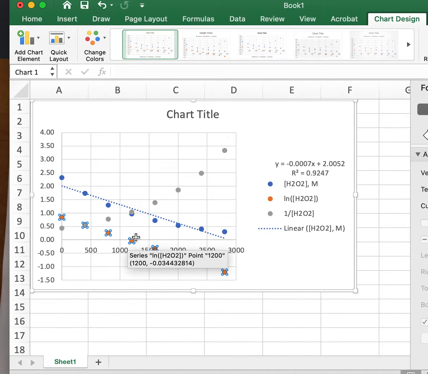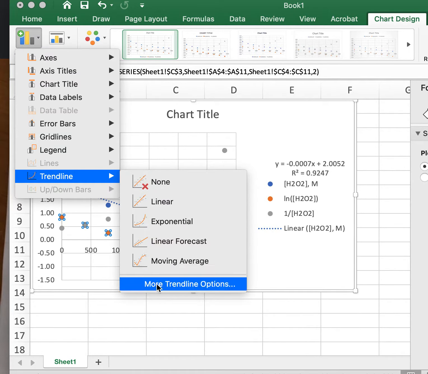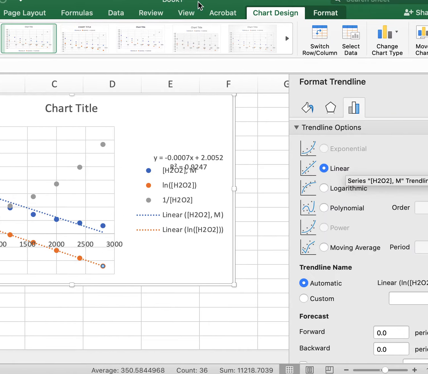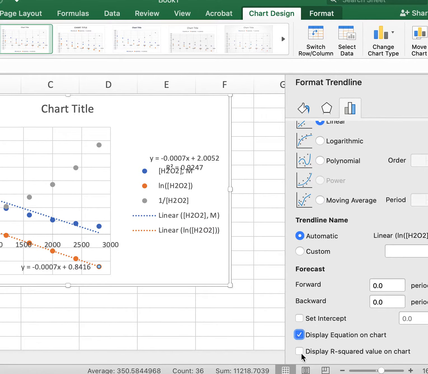Next, let's do our natural logarithm, which are our orange points, and add a trend line. And this time, again, linear, display equation, display r squared.